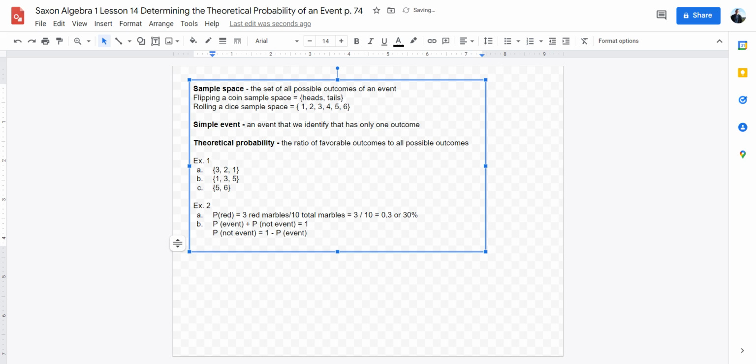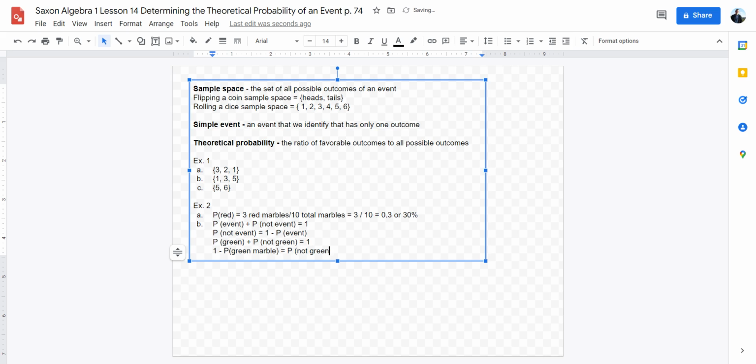Now let's take a look at letter B. What is the probability of randomly not choosing a green marble? Well, we know that the probability of choosing a green marble plus the probability of choosing another marble that's not green equals 1. Or 1 minus the probability of choosing a green marble is going to give me the probability of not choosing a green marble.